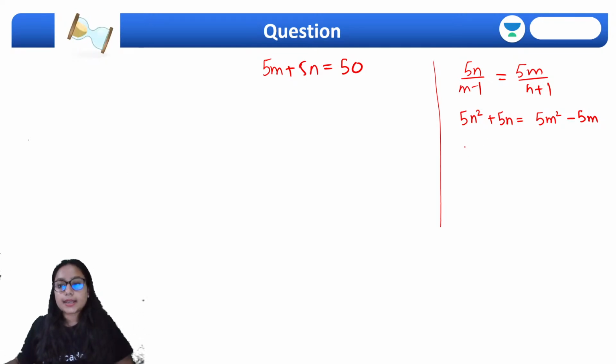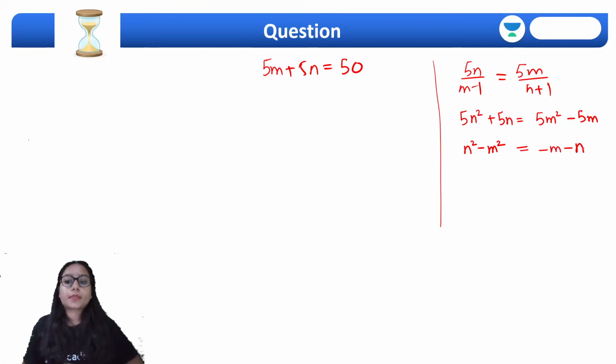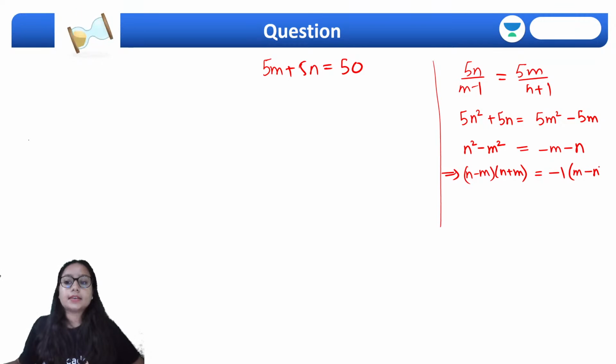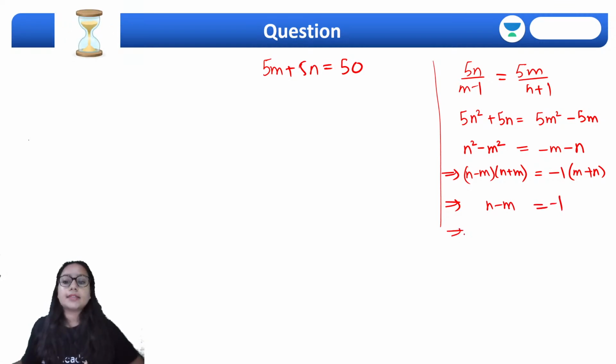I can write this as N square minus M square is equal to minus M minus N, which is N minus M into N plus M equal to minus 1 of M plus N. So I got the value of N minus M is minus 1, hence M minus N is 1.